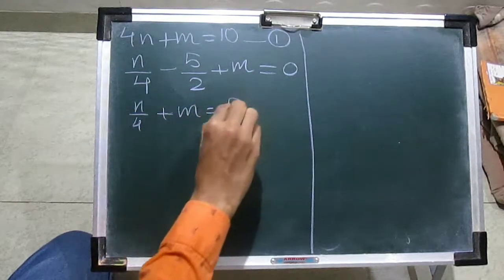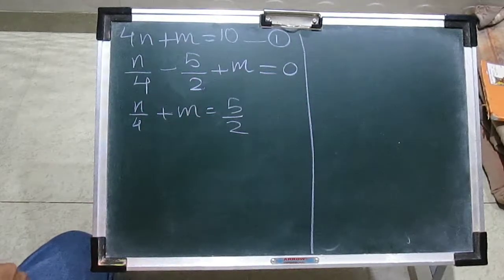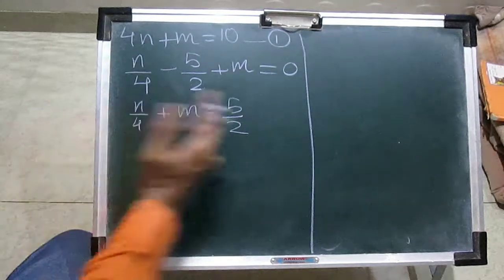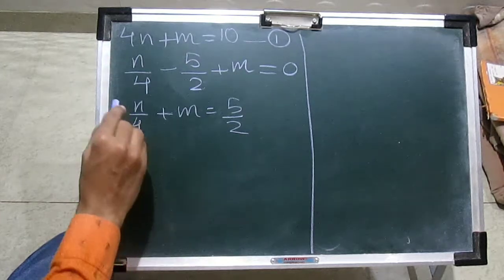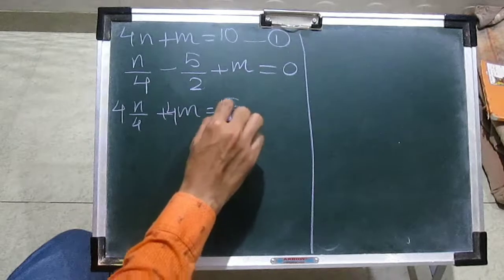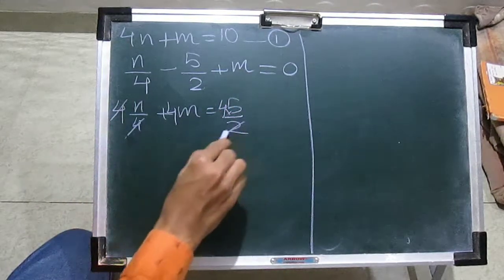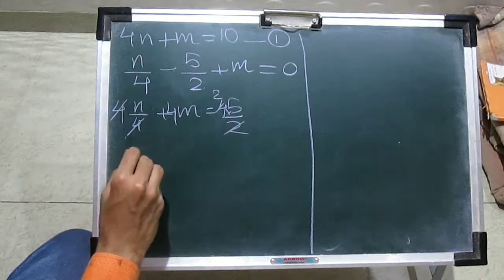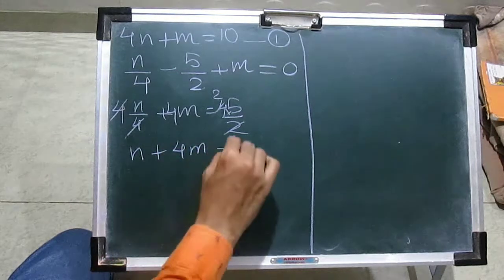Now I don't want this 4, so I just multiply the entire equation by 4, so this 4 will get cancelled. This is 4 times, this is 4 times, this is also 4 times, correct. This 4 gets cancelled, and what is left is n plus 4m is equal to 10. This is my second equation.